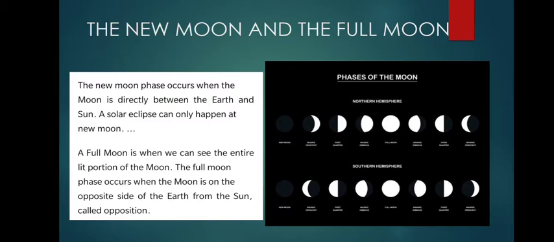Okay, means you can see a bright full moon, Purnima, what we call it. The full moon phase occurs when the moon is on the opposite side of the earth from the sun, called opposition. Okay, this is just a briefing. In your textbook there is more detail which I'll tell you.